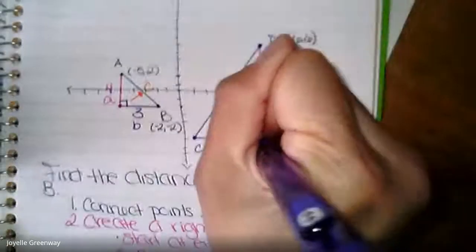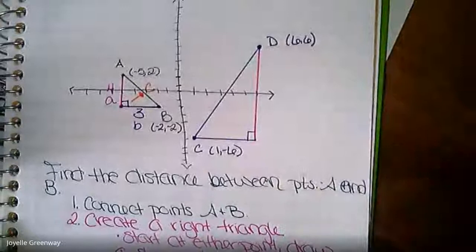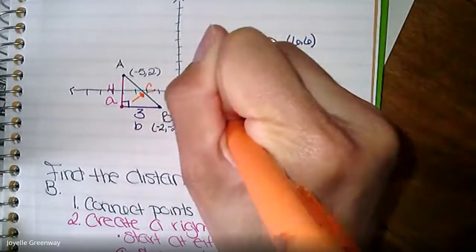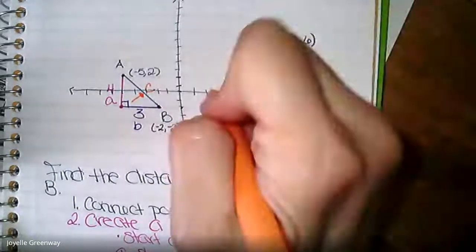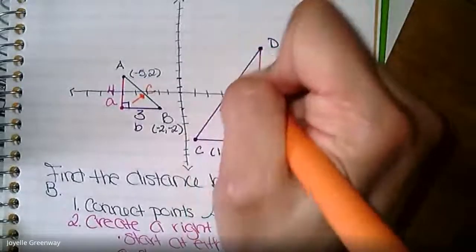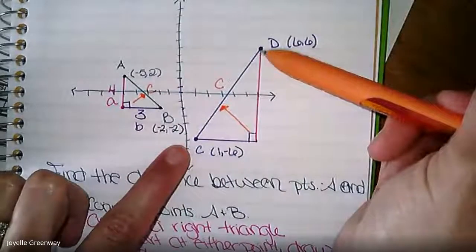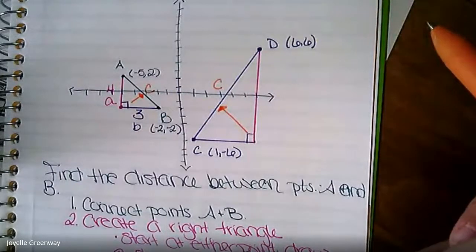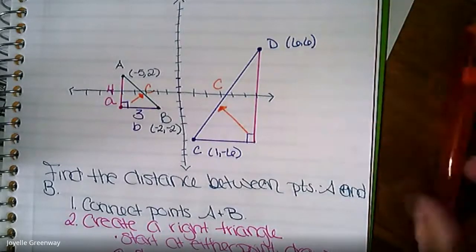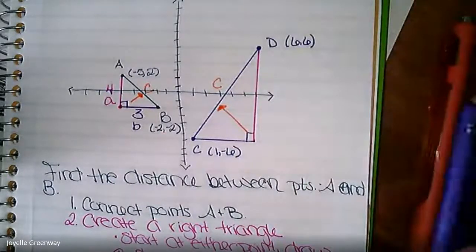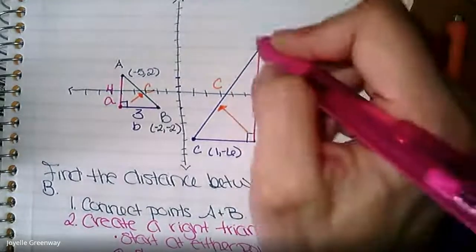So here's my right angle. And across from my right angle is my hypotenuse, which is C. Now I can use my Pythagorean theorem to find the length between points C and D on this coordinate plane. I can just count how many units long this leg is.